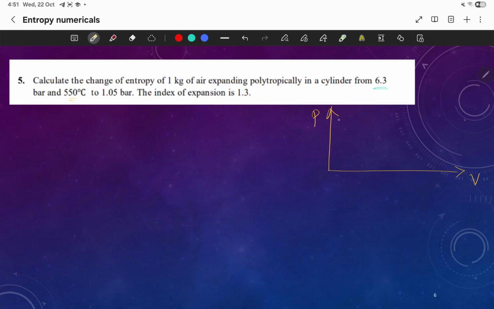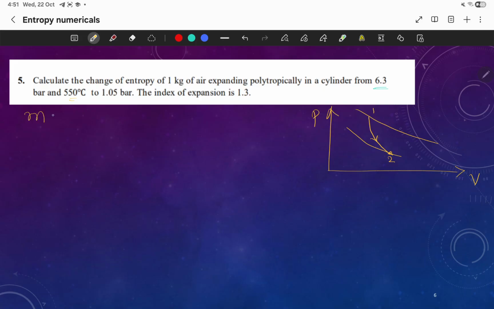A polytropic process will be similar to an adiabatic process. An adiabatic process travels between two isotherms. Okay, so this will be the adiabatic process, from 1 to 2. Now let's try to write what physical quantities are given here.